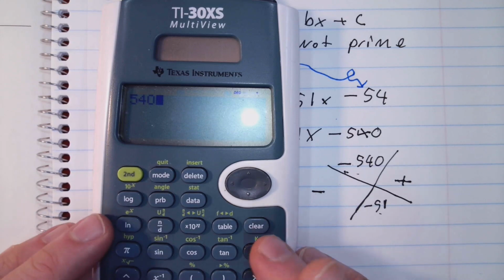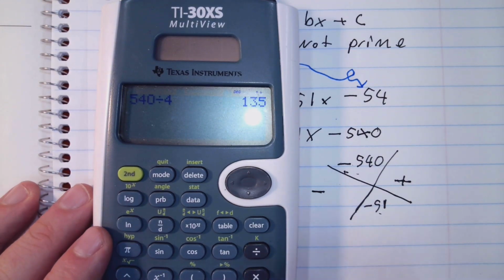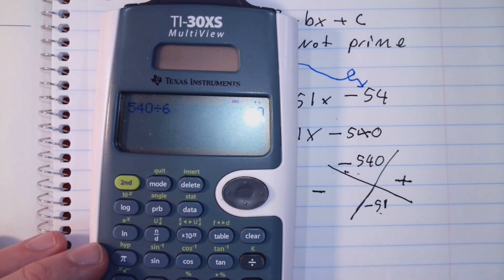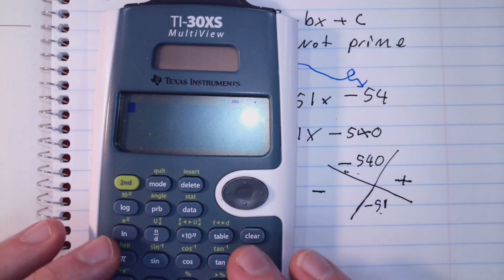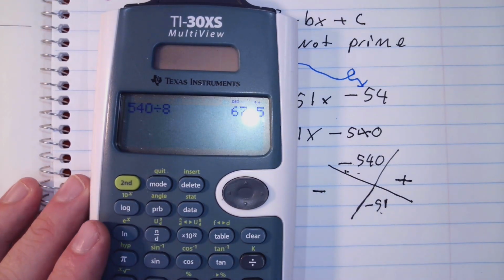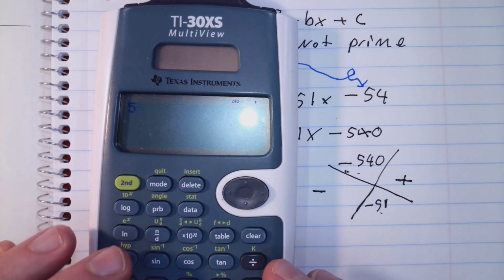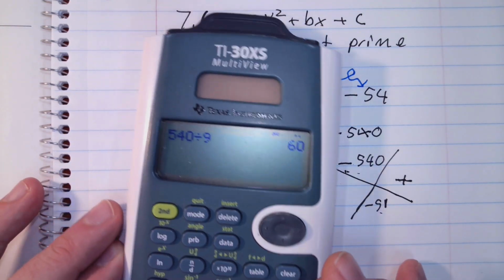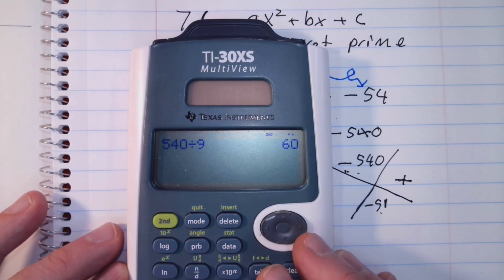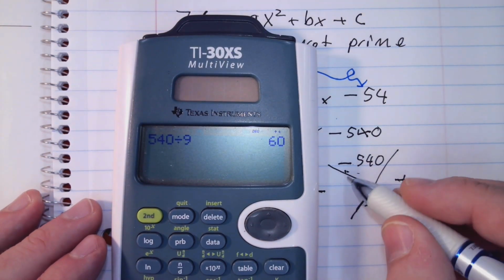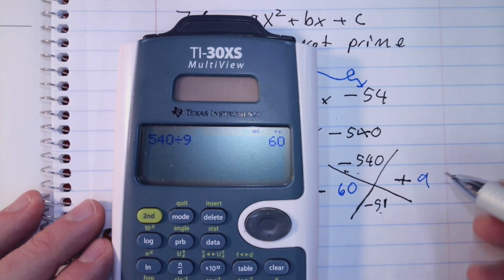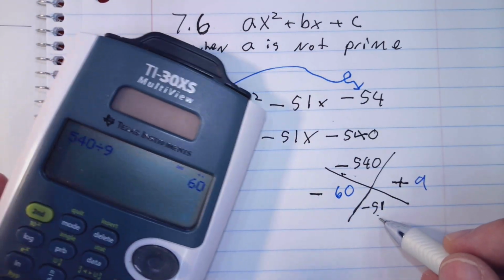Or 4. 4 is not enough. 540 divided by 6. 540 divided by 8. Okay, 540 divided by 9. Do we think that's going to work? Okay, it took me a little bit. It's okay. But again, you can come up with it real quick. So negative 60 plus 9 is negative 51.